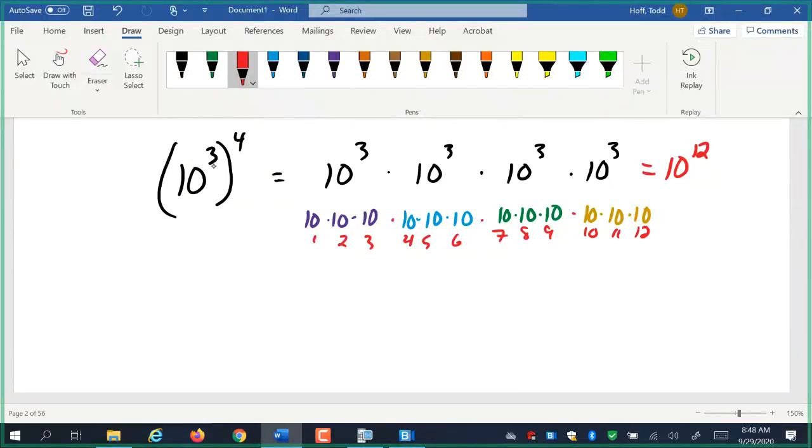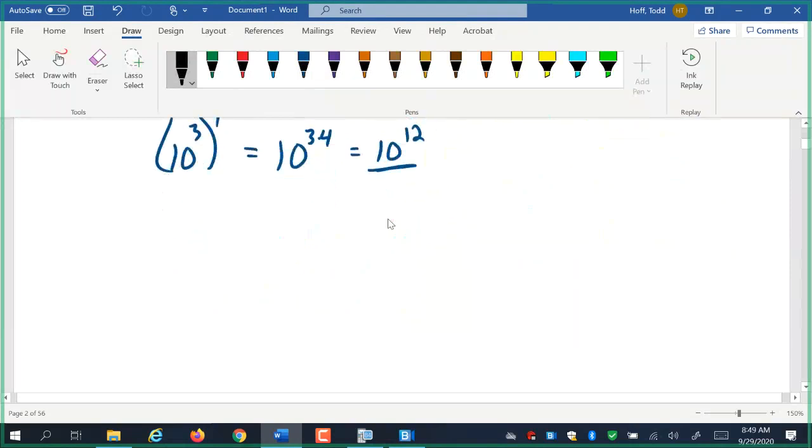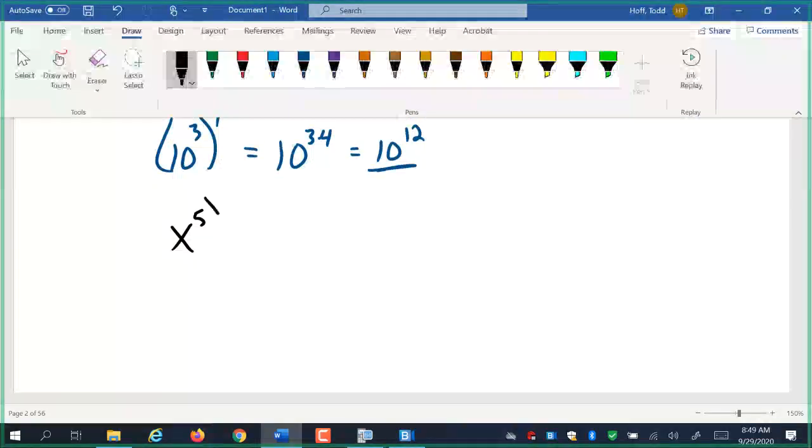Well, you might notice that 12 can be derived from those powers that are used. You may have seen that when we have a power of a power, the result is you multiply the two powers. 10 to the third to the power of 4 is 10 to the power of 3 times 4, or 10 to the 12th, just like we got up here. So we could have x to the 5th, the power of 7.